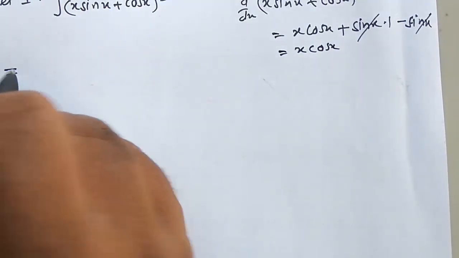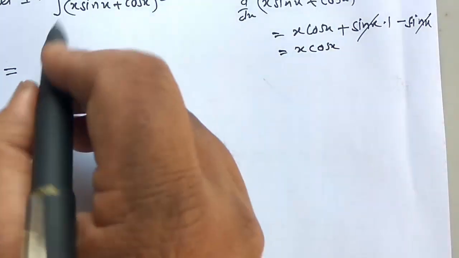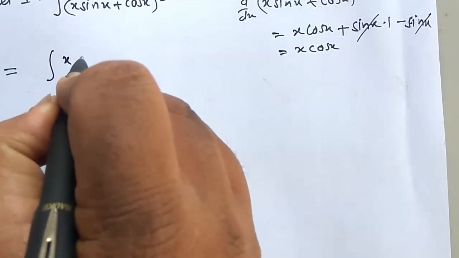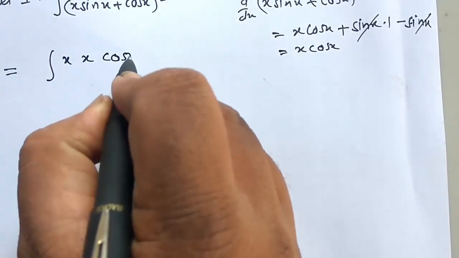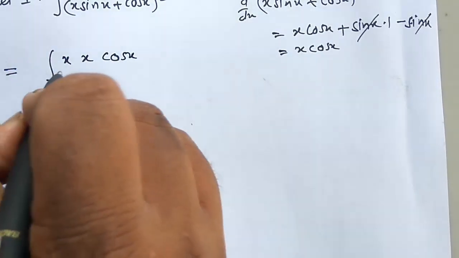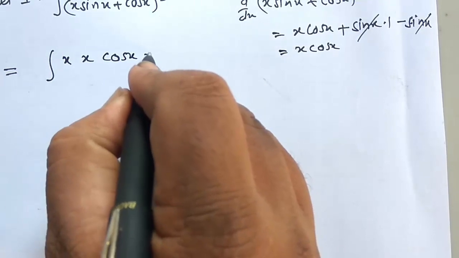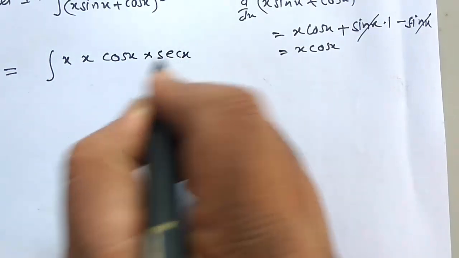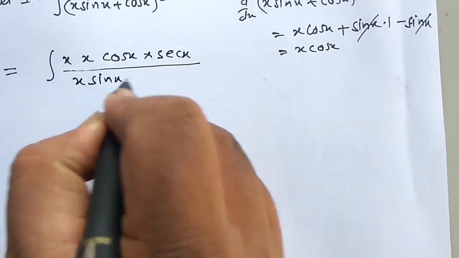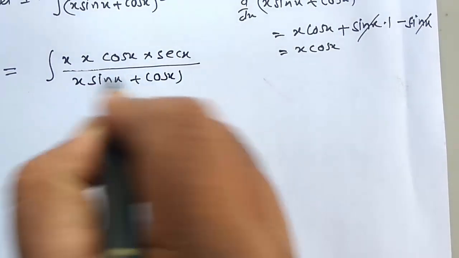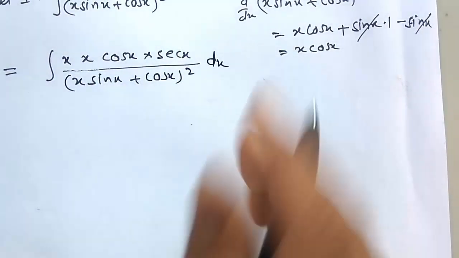Therefore, we adjust the numerator. Here we take x into x square multiplied by cos x, so divided by cos x, that is, we multiply by sec x. So the values remain the same, (x sin x plus cos x) whole square dx.